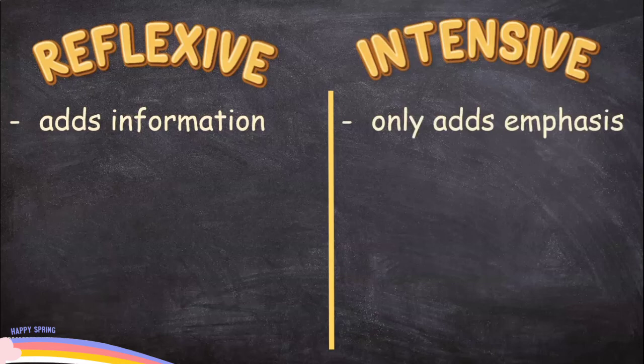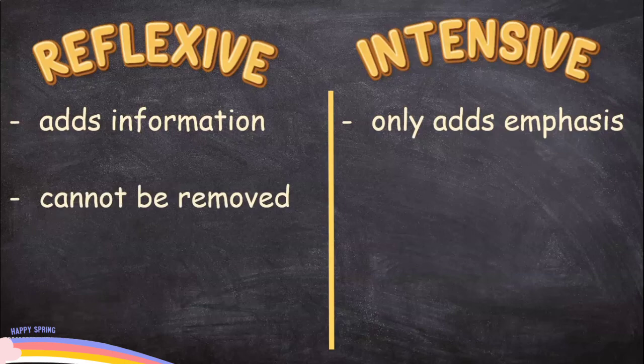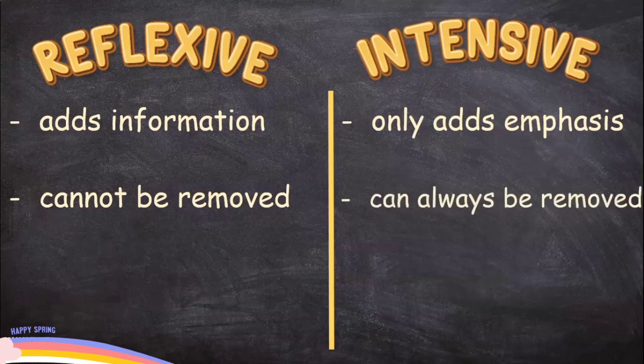Next is, a reflexive pronoun cannot be removed from your sentence because it is a part of your sentence pattern. It gives an added information in your sentence. Whereas an intensive can always be removed from your sentence. Why? Because even if it's not there, it will not change the meaning of your sentence.